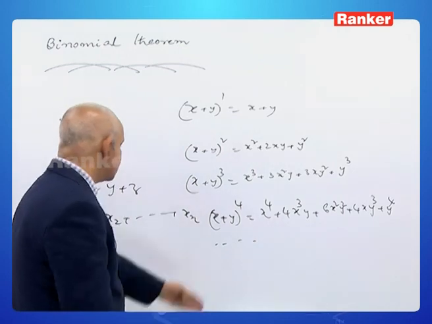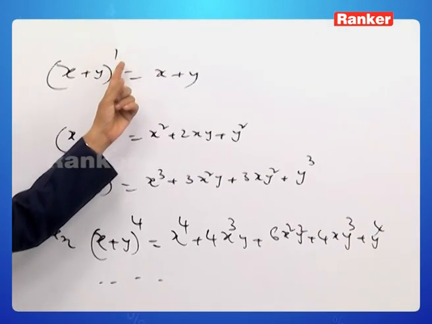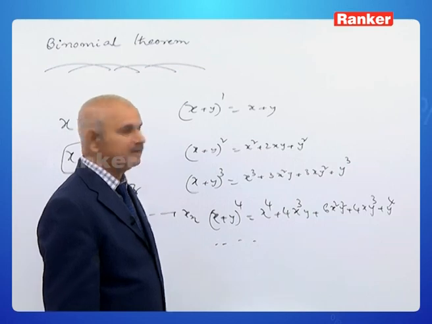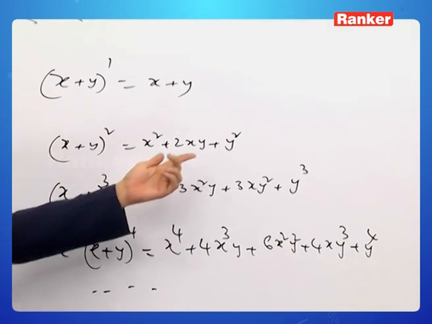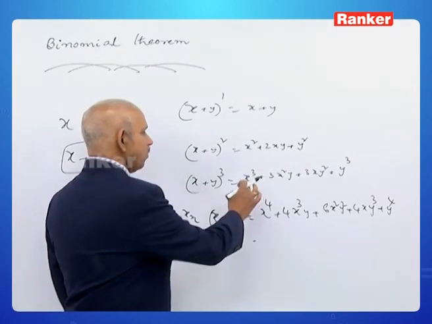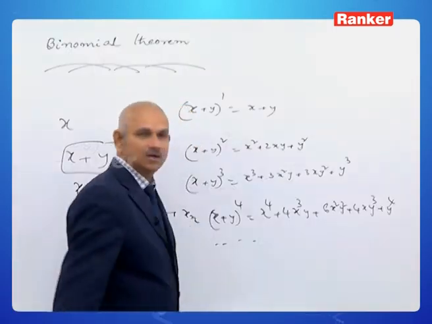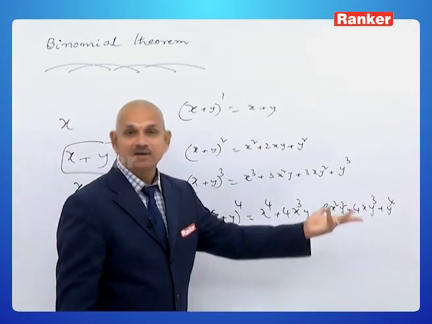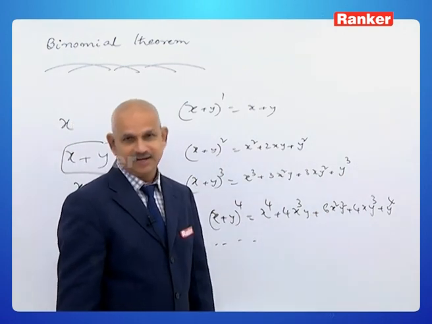Let us study all these things. Whole power 1, in this 2 terms are there. Whole square, we are having 3 terms. Whole power 3, we are having 1, 2, 3, 4 terms. Whole power 4, we have 5 terms, isn't it?